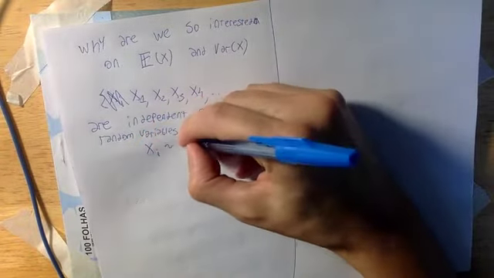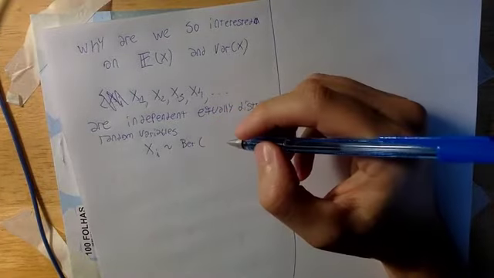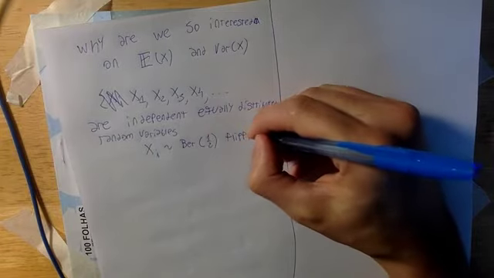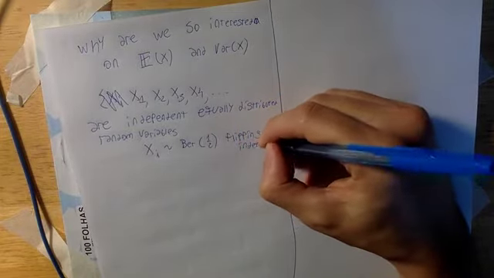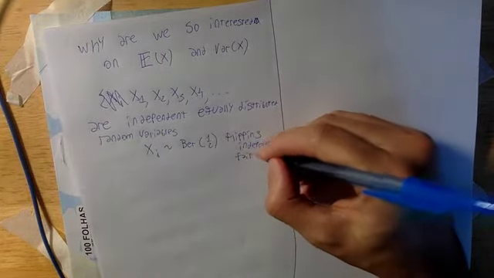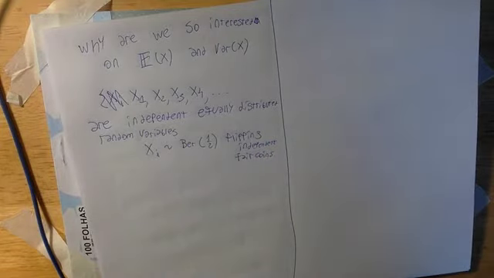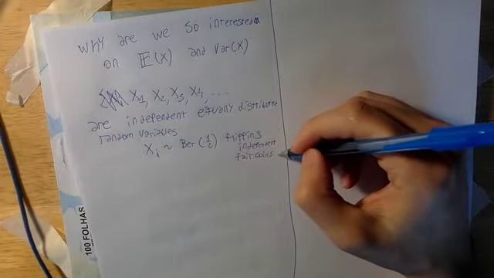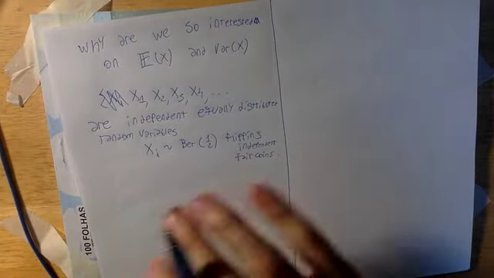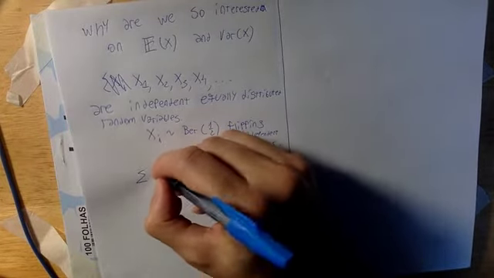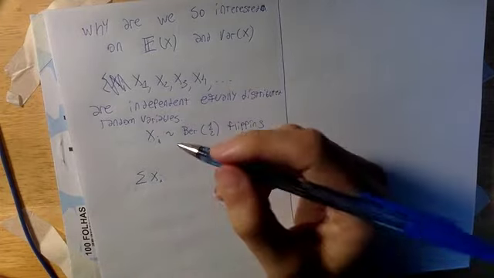So Xi could be Bernoulli 1/2, which is flipping independent fair coins, or Xi could be whatever else you can think of, but this is the example I did in the first class.